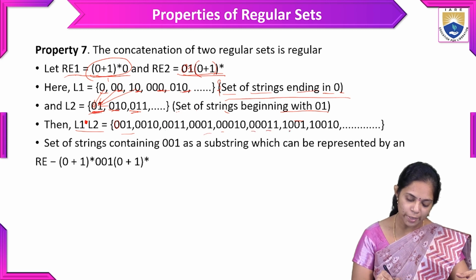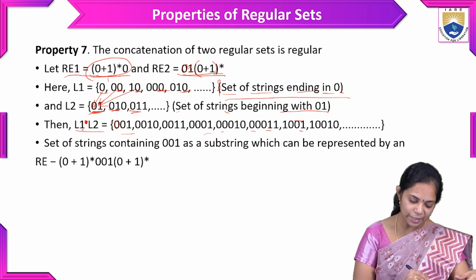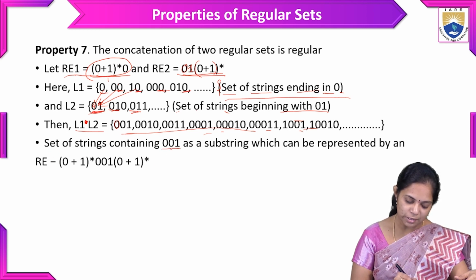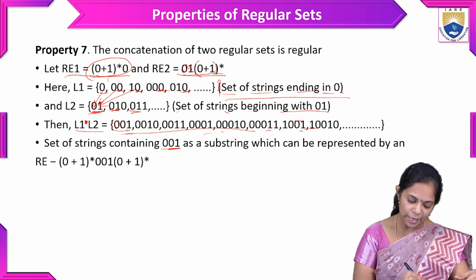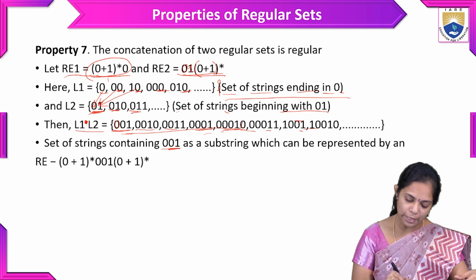Like this we have to combine both languages, and we will get the result like this. By seeing this, the set of strings containing 001, every time we are getting 001. So in this language, anytime we get the substring 001. This is the pattern we have observed.